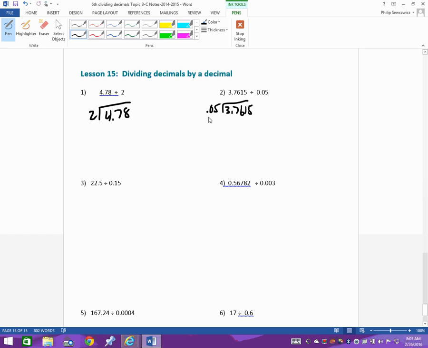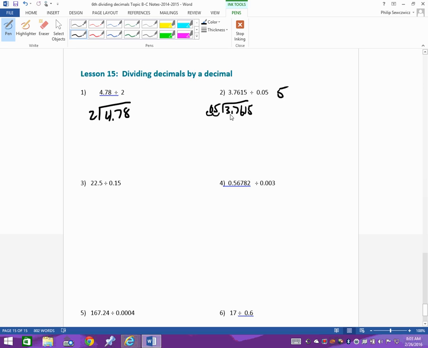To do that, to make it into a whole number, we simply move the decimal, and we have to keep track of it. So if we move the decimal all the way to the right, what number did it just become? It just became the number 5. All right, so how many spaces did I move it? I moved it 2. So in math, if you do something to one number, you have to do the exact same thing to the other number.